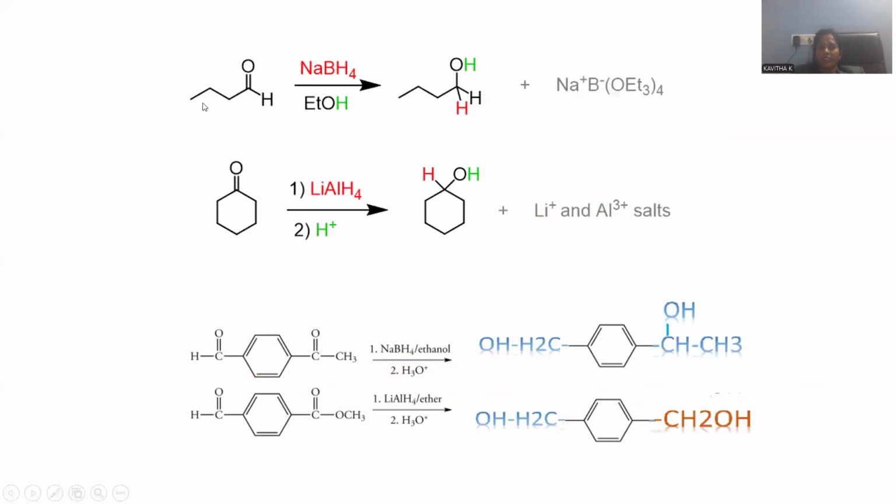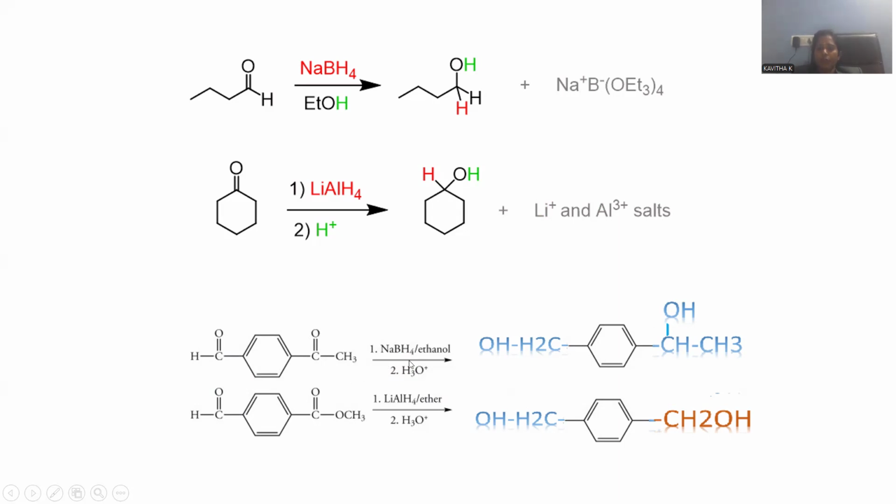Here is the aldehyde. Just now we went through this butanaldehyde. Butanol alcohol will be originated. Cyclohexanone turned into a secondary alcohol. Cyclohexanol formation is possible by means of lithium aluminum hydride and even with sodium borohydride. I'm taking another example, benzene, which is accompanied by an aldehyde on the first carbon, and a ketone on the fourth carbon atom, for example.